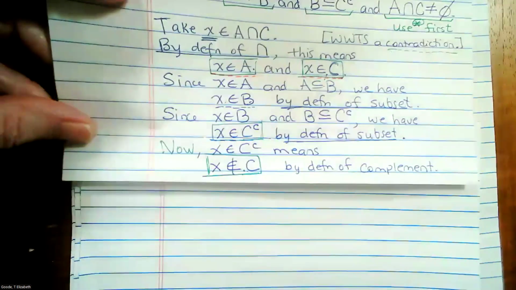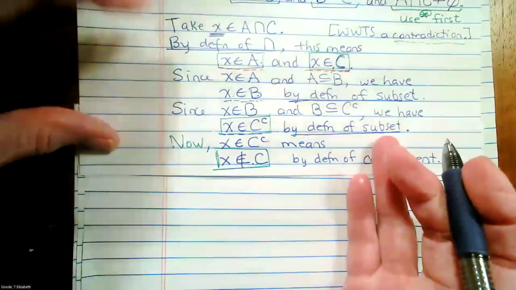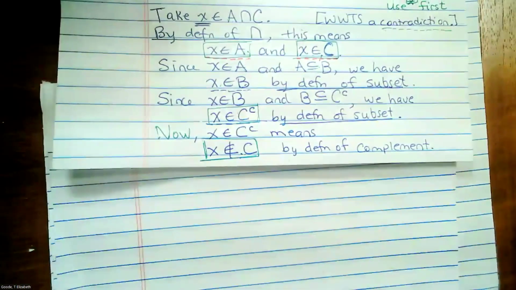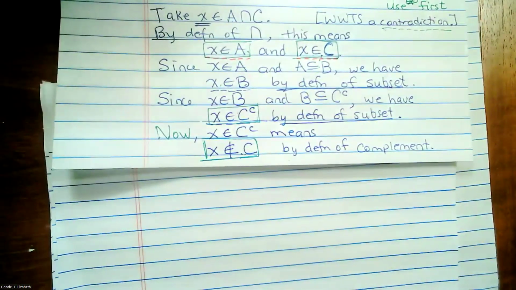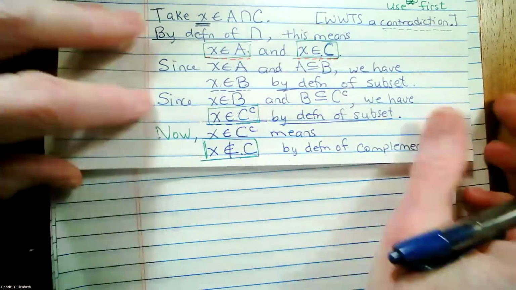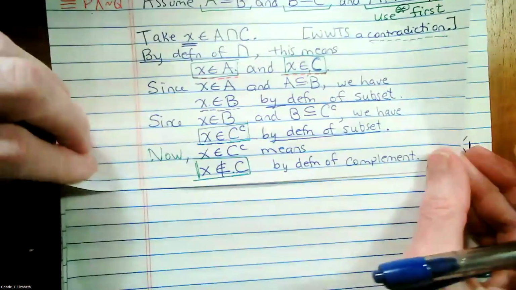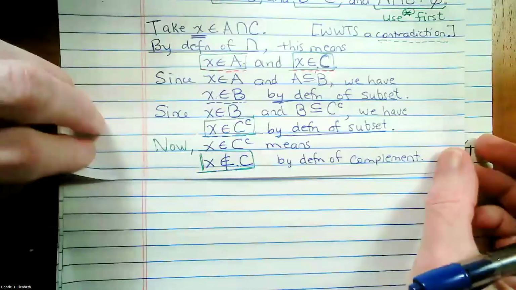We don't usually say by definition of contradiction, although you could. But the point is, let's just tell the reader exactly what the contradiction is.